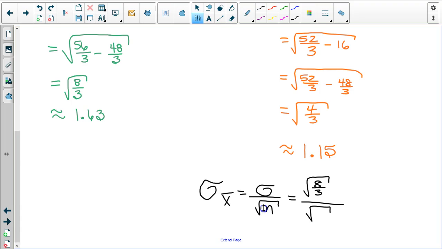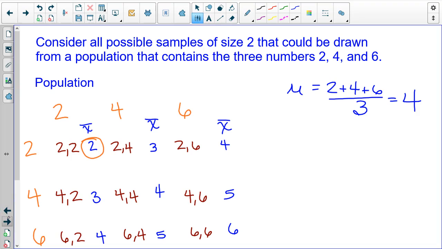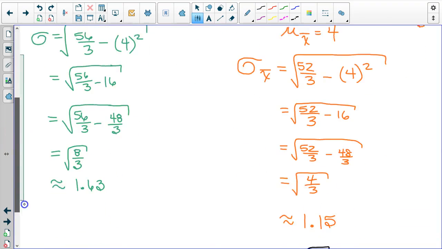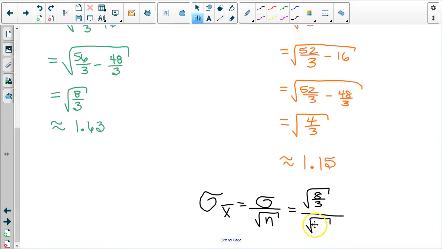So you were drawing samples of size... What were my sample sizes? 1, 2. That's a sample, right? So it's of size 2, 2, 2. So n, my sample size, is 2. Go ahead and divide those.